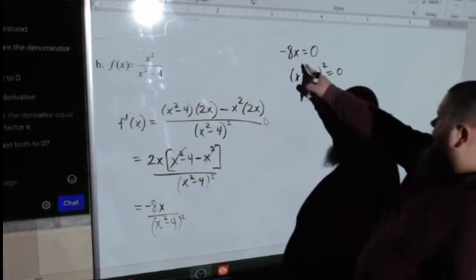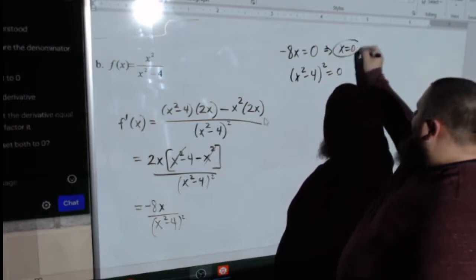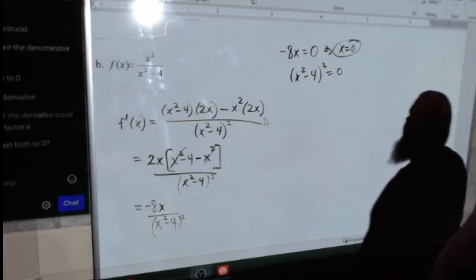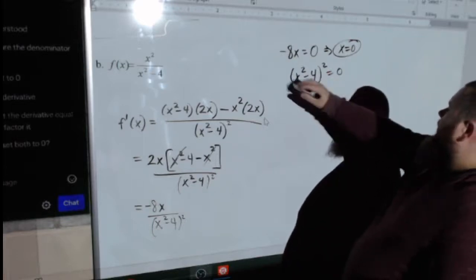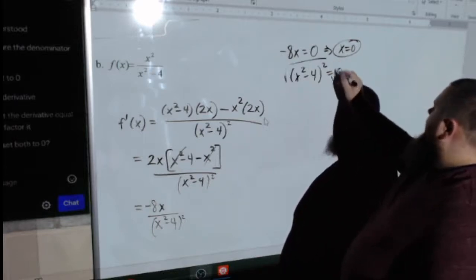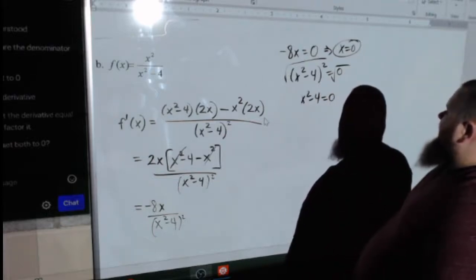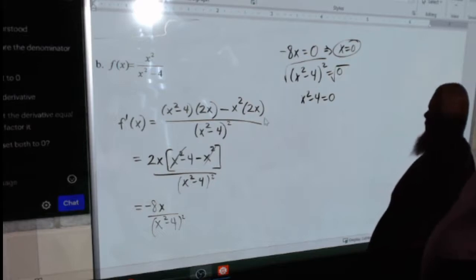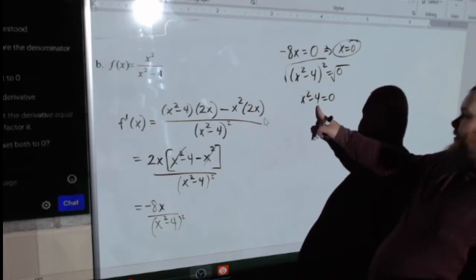The first one, really nice, just tells me x is 0. That's one of my critical values. One on the bottom, it's squared. I can take the square root of both sides. I liked the suggestion of factoring. This is the difference of two squares.